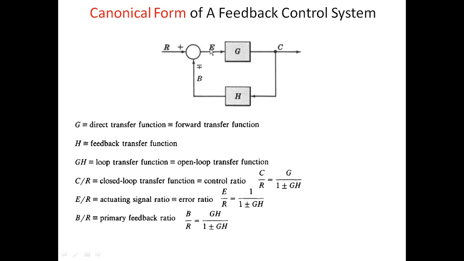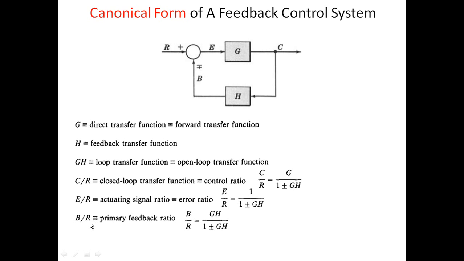This is the error signal, obtained by comparing the reference with the controlled output fed back through H. By comparing these two signals we get the error. So E upon R is the error ratio, or actuating signal ratio. Mathematically it is 1 upon 1 plus GH.